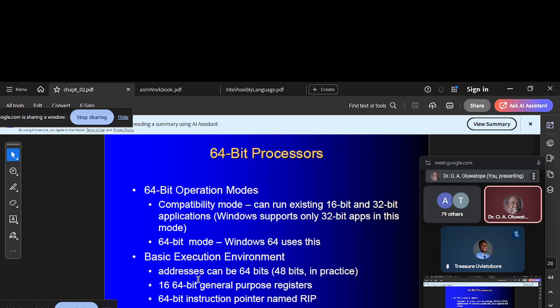And rather than a 64-bit register being described as E, they are described as R. So an AX register that is 64-bit will be described as RAX. Remember, EAX describes a 32-bit register, RAX is 64. So once the letter R precedes the mnemonic or the symbol, that should let you know that it's a 64-bit register.